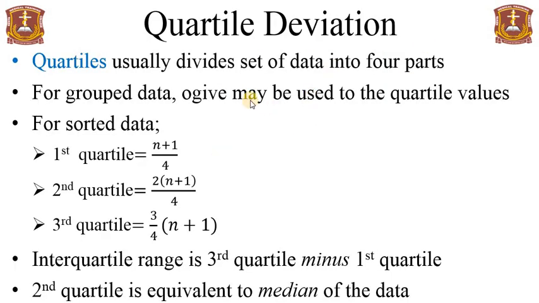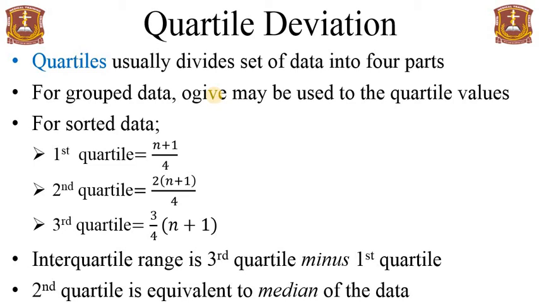Now let's say something about quartile deviation. Quartiles usually divide a set of data into 4 parts. For grouped data, an ogive may be used to obtain the quartile values. That is something which you can clearly obtain if you have drawn that ogive, as we had already indicated in earlier lectures.